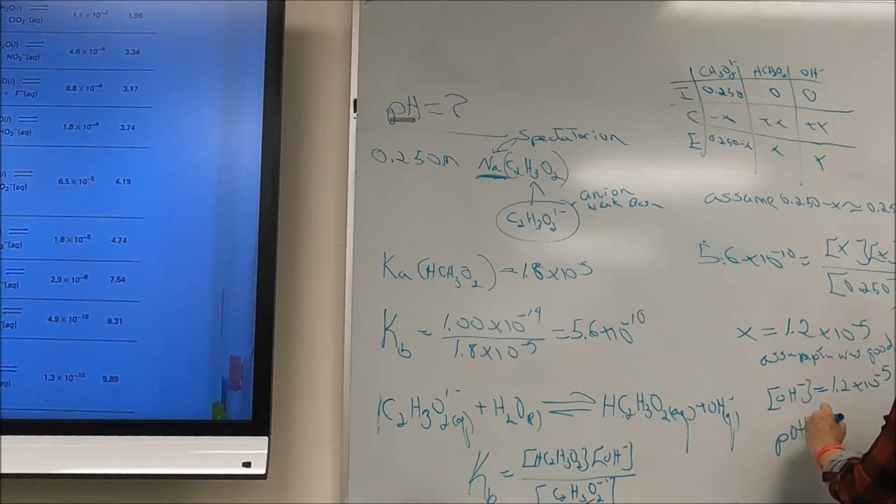Our pOH is the negative log of 1.2 times 10 to the minus 5, so 4.93. So our pH is 9.07. Remember, these are basic solutions. The pH has got to be greater than 7. Okay?